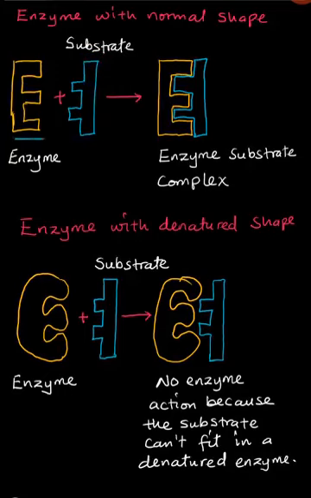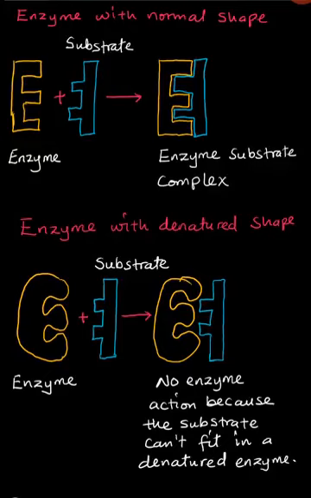A particular enzyme has got its own shape, and that shape is important because it will fit well in a particular substrate. So what will happen is, when this substrate comes to this enzyme, they will form what we call the enzyme substrate complex. As you can see, this substrate here is fitting well in the active site of this particular enzyme, like that.